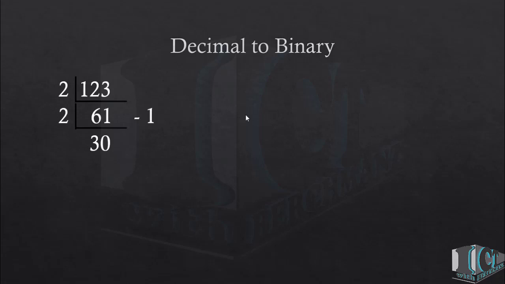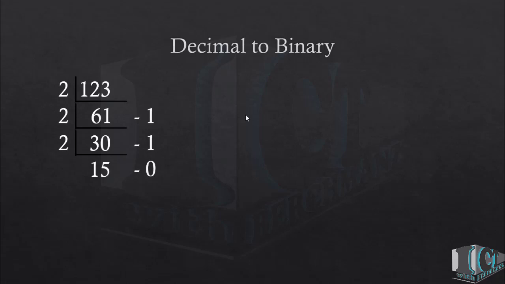Again I have a remainder of 1. Again, if I divide the number 30 by 2, I am left with 15. 15 into 2 is exactly 30, so there is no remainder.